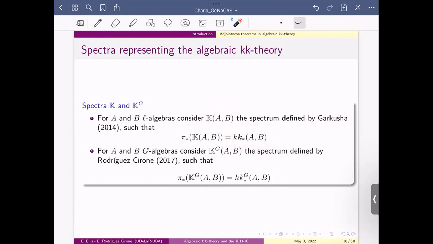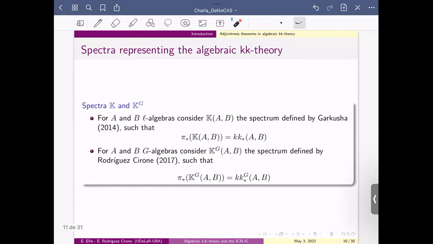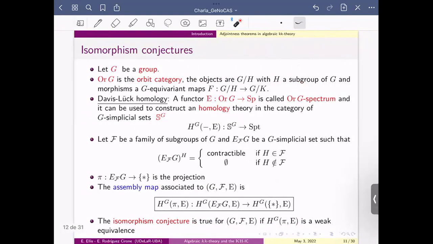And later, Emanuel defined the spectrum representing equivariant algebraic KK theory. It's a spectrum such that if we take stable homotopy groups of the spectrum, we obtain equivariant algebraic KK theory. Then we are going to work with that also.